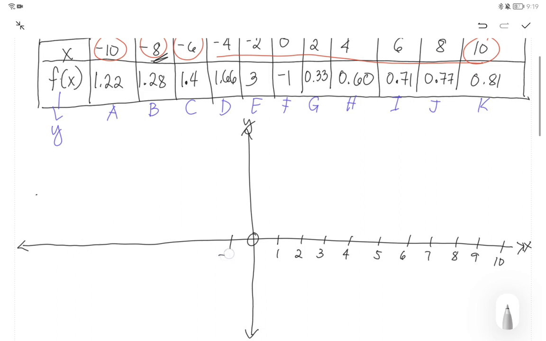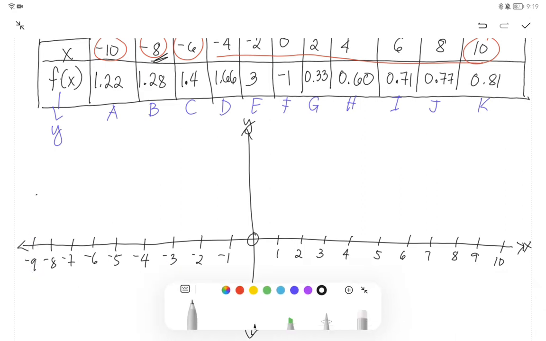Here we have negative 1, negative 2, and so on down to negative 9, then negative 10.